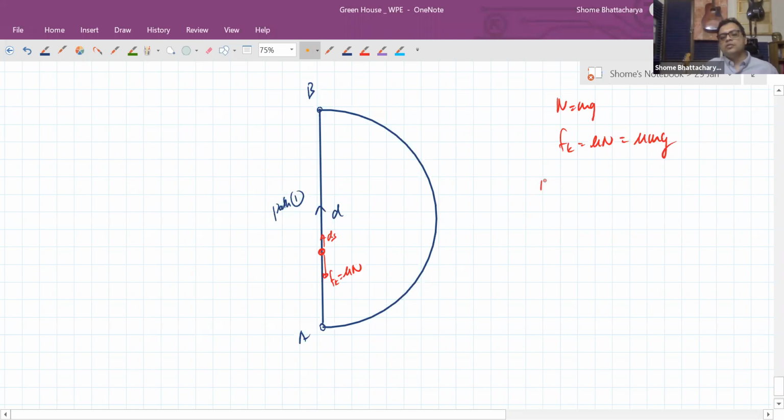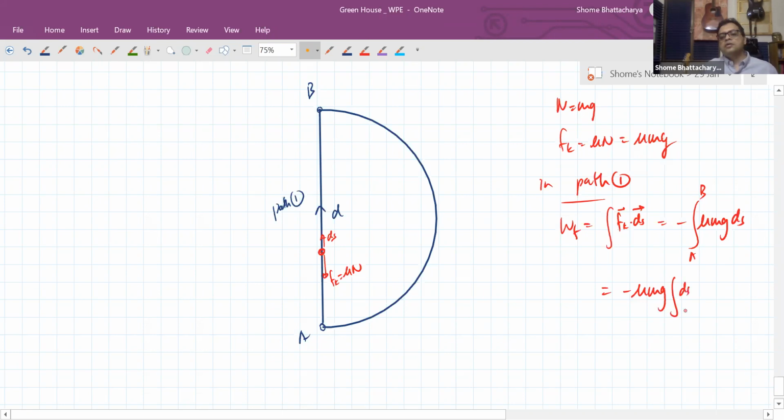So therefore, in path 1, the work done by friction will be this dot product. So it will be minus mu mg ds integrated from A to B. Now this integration is nothing but the total straight line.